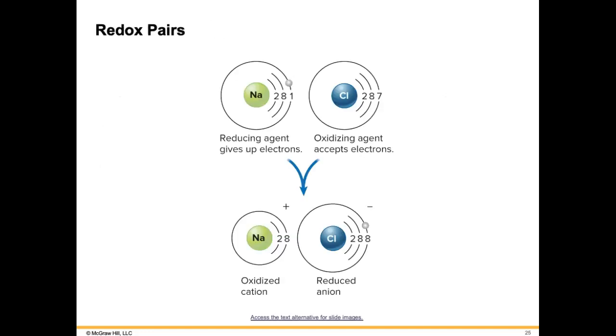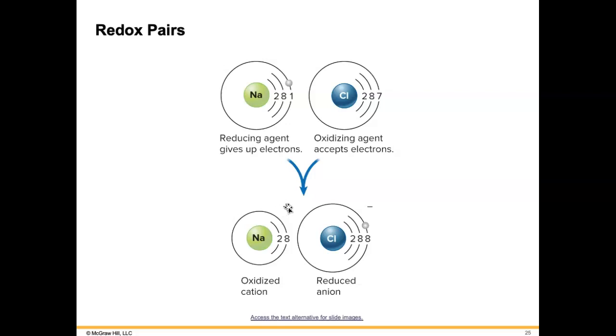Redox reactions always happen as pairs. As one agent gives up an electron, it is immediately gained by another agent. So sodium here gives up an electron on the outer shell. I'm not going to get into too much chemistry here, but as it gives away an electron, it becomes more positive.